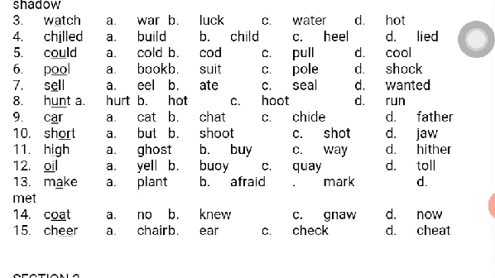Let's see which one could be our answer out of option A, cold, option B, cord, option C, pull, and the final one, option D, cool.